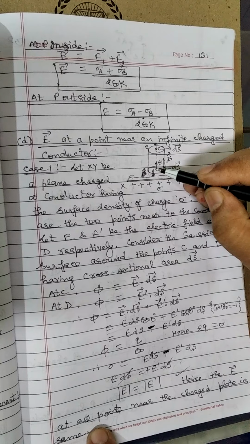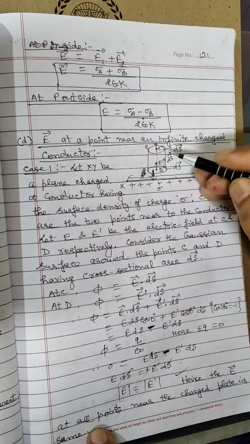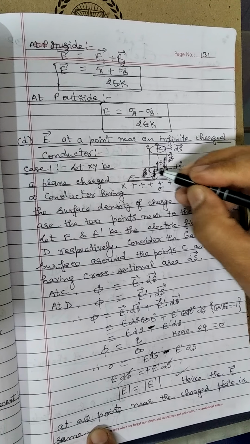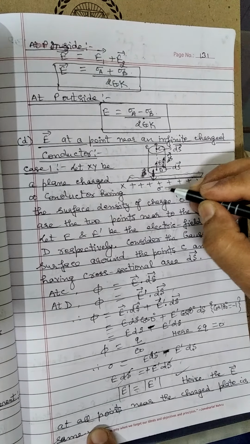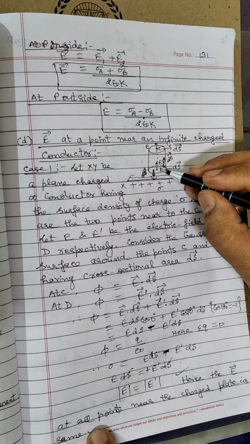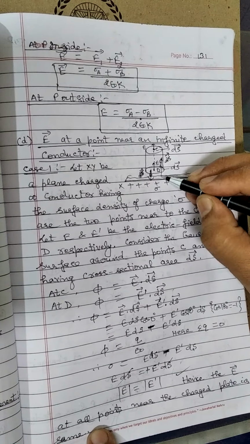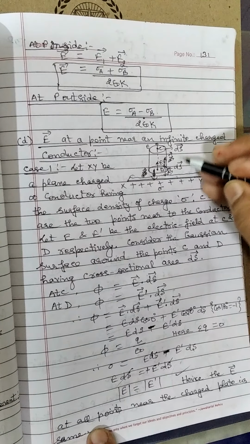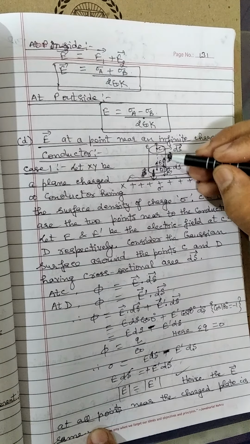Sorry, here this is not correct, ds is in this direction. That means this ds will be in this direction, perpendicular to the surface, and E dash is in this direction.